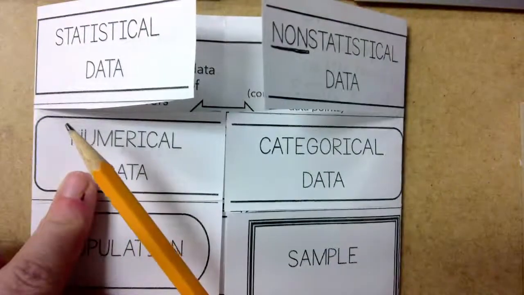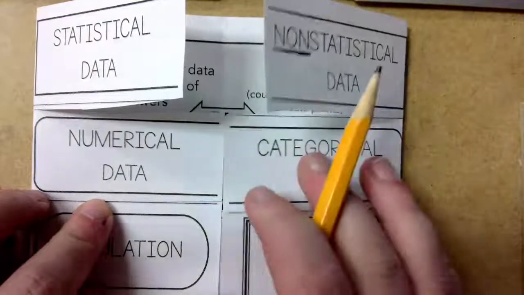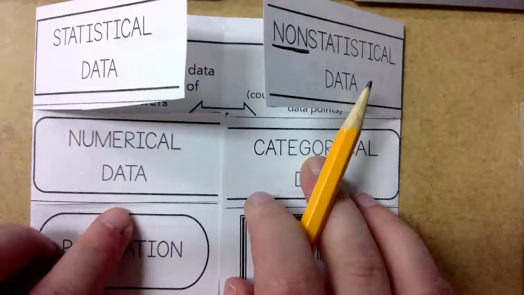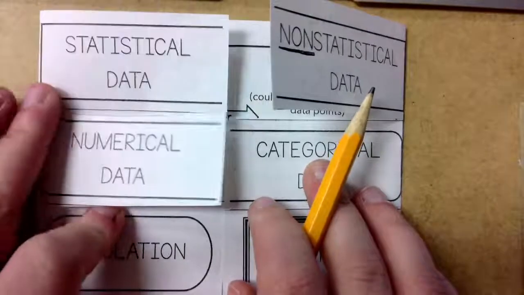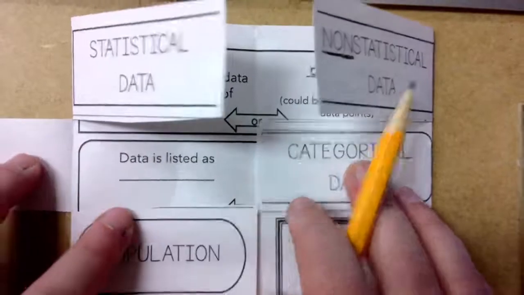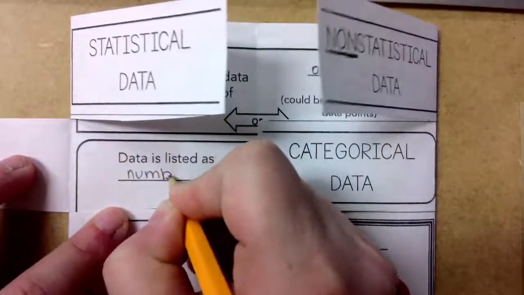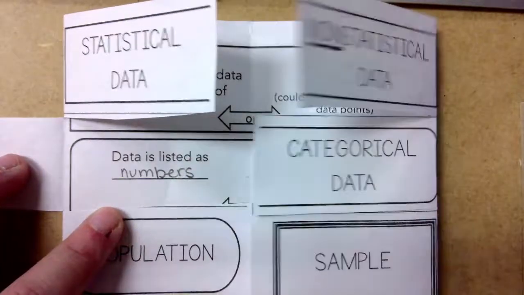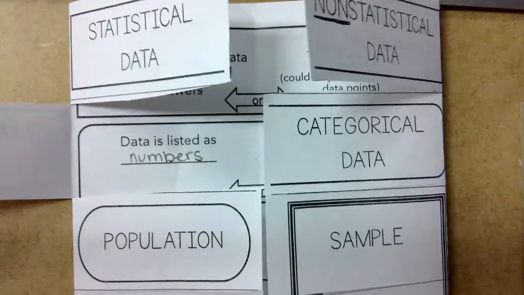What is that word categorical? What word do you see in that, or what's that base word? Category. What does it mean to have a category? Selection. Yeah, like the different selections, the different groups. To separate, yeah. So data is going to be listed as like names or titles or with like descriptions.